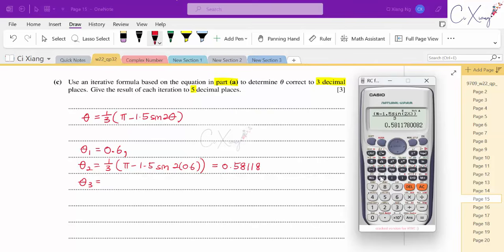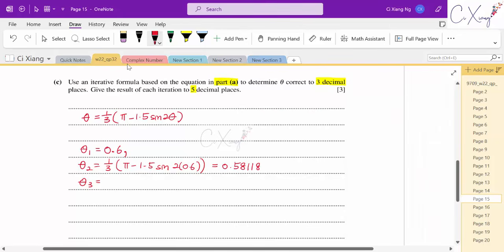By the help of the calculator, I press calculate again, key in 0.58118 and press the equal sign. For now, I'm getting 0.58833, correct to 5 decimal places.